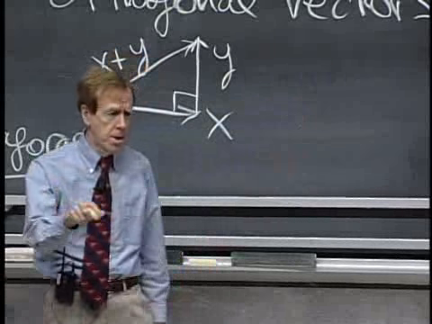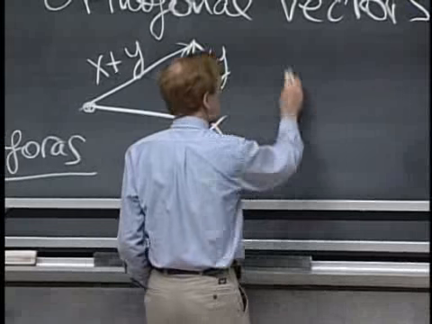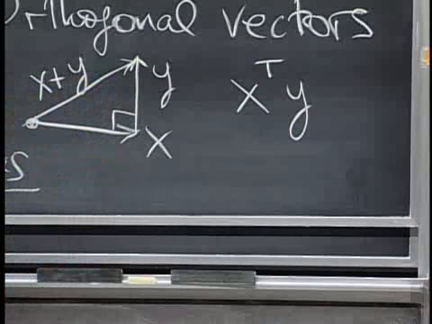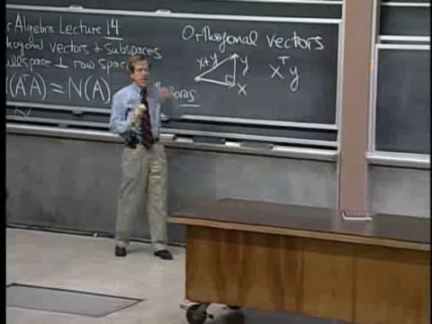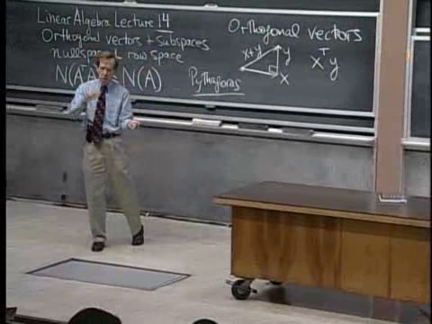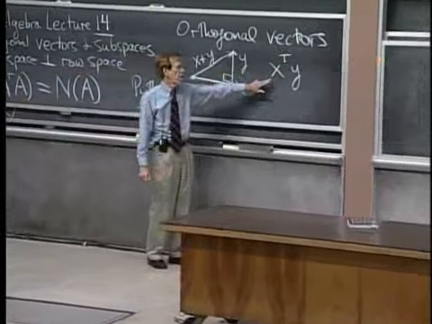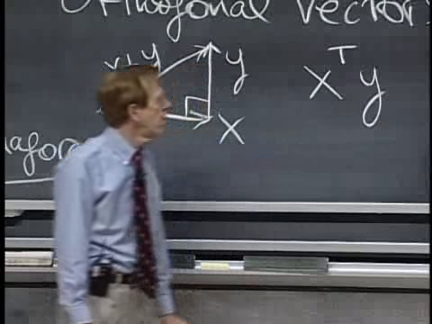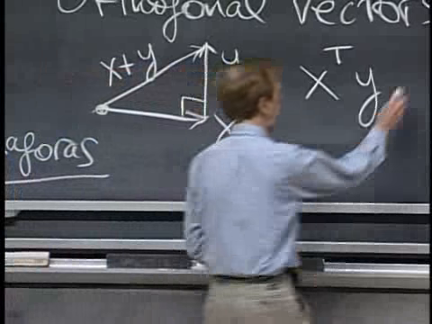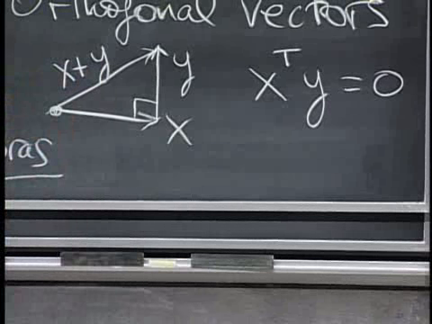I take the dot product, which I tend to write as x transpose y, because that's a row times a column, and that matrix multiplication just gives me the right thing, x1 y1 plus x2 y2, and so on. So these vectors are orthogonal if this result, x transpose y, is 0. That's the test.